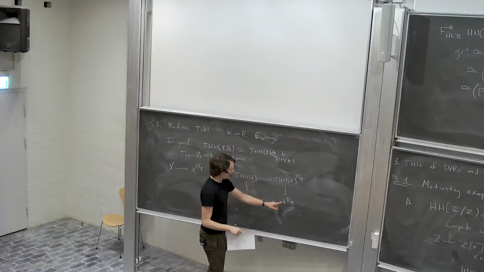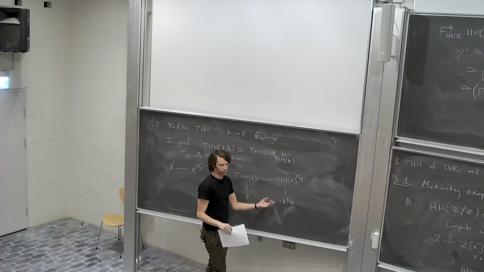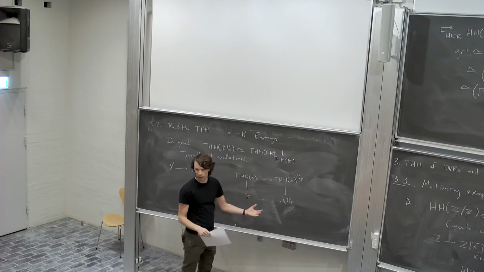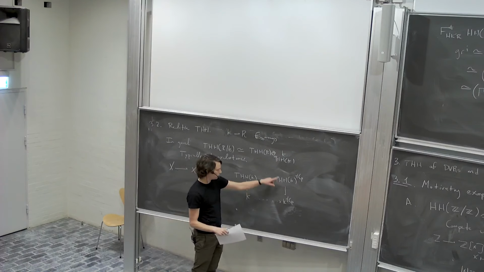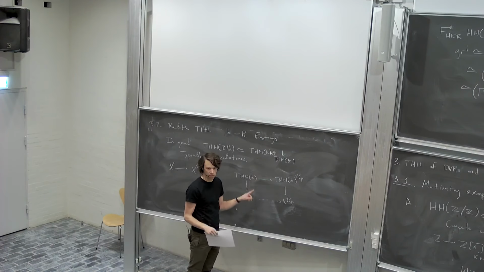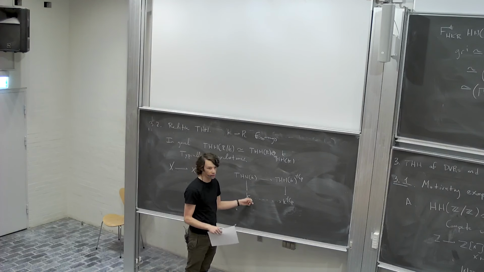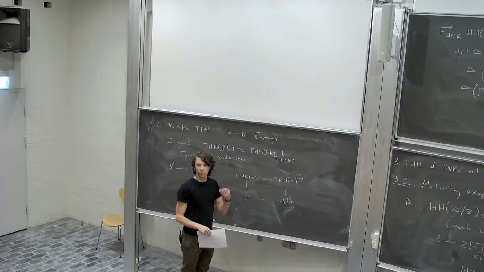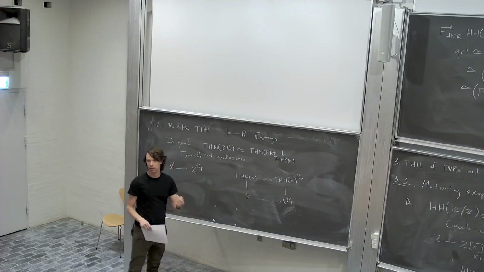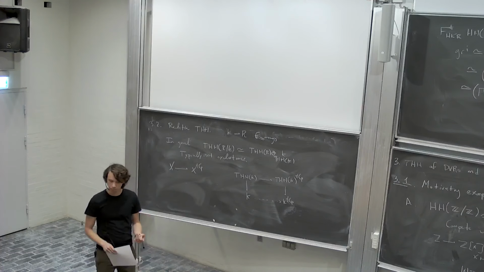This map was extra structure, and making it S1 equivariant would be extra structure. So this commutative diagram does not exist in general. For example, it provably does not exist for K equals Z. And so relative Hochschild homology is not typically a cyclotomic spectrum.